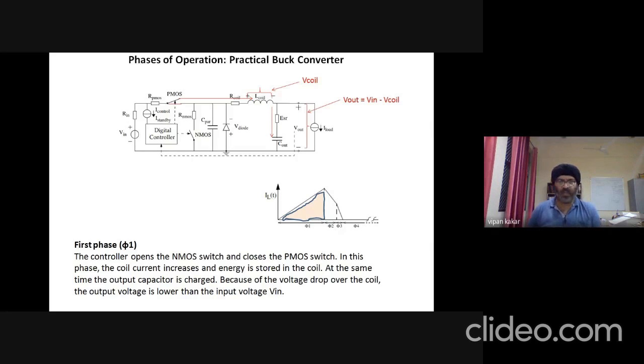Okay, let's see. Now this is our practical buck converter circuit. This buck converter is now operating in discontinuous current conduction mode. The main application may be a smartphone, laptop, or any other portable device.